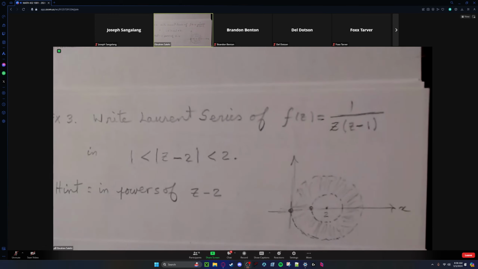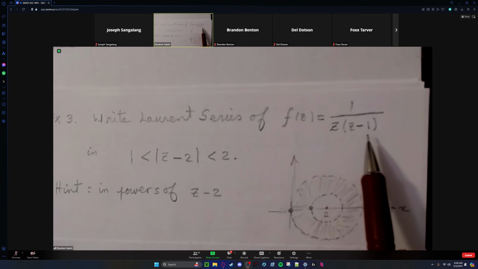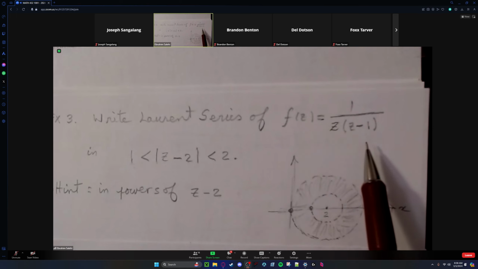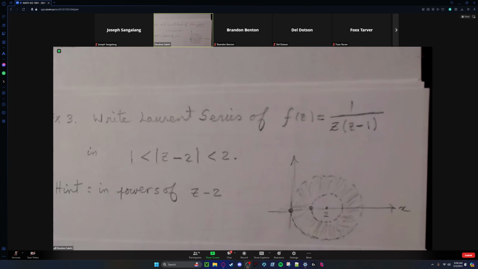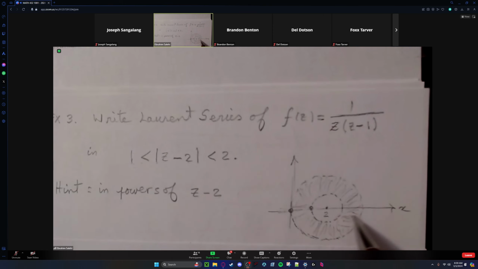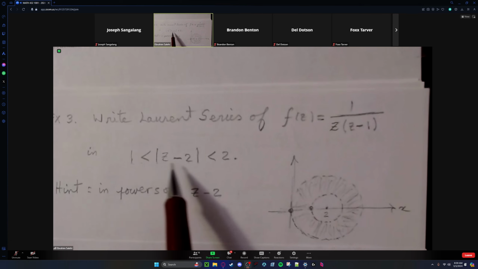So here is 2. 2 is not a bad point here, of course not. But the bad points, or the singularities, are here, 0 and 1. And what we are after is the Laurent series which is good in this washer. Z minus 2 means a circle centered at 2.